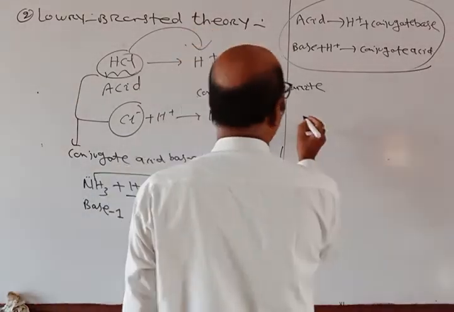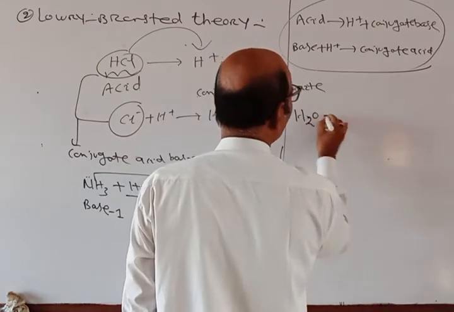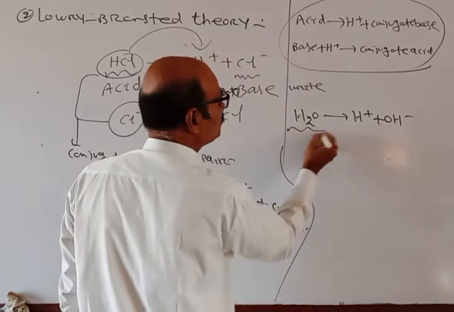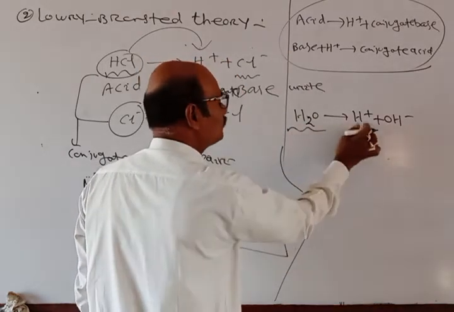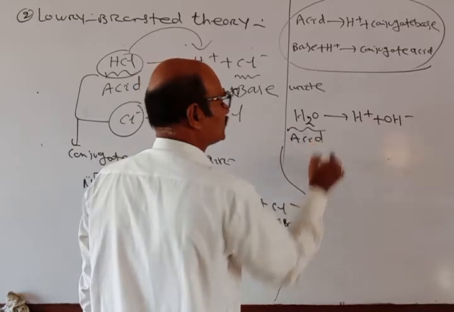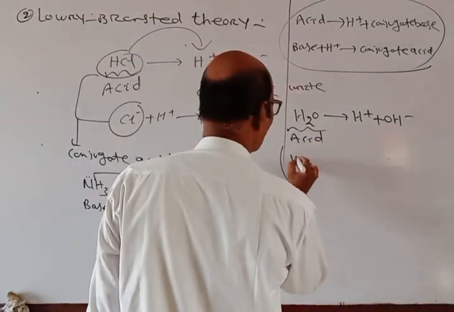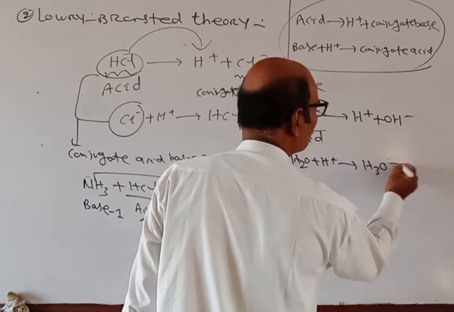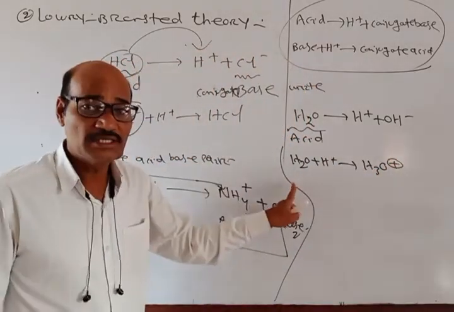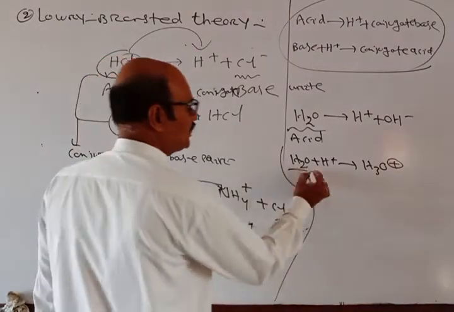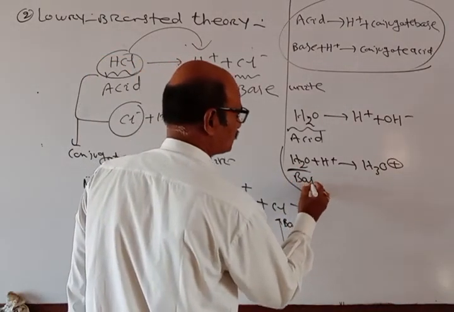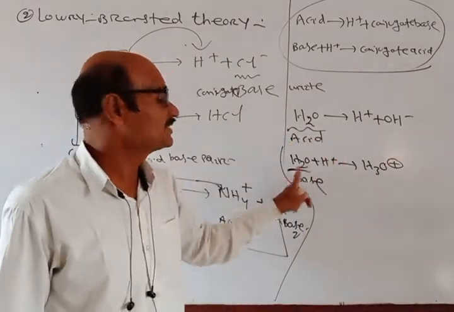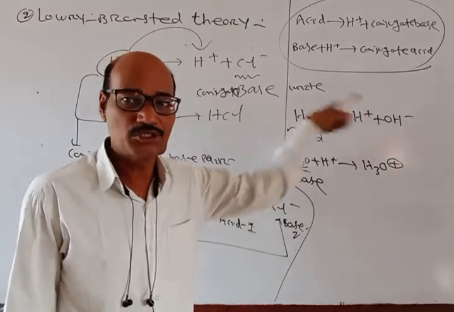For example, H2O can give H plus and OH minus. Here H2O can donate a proton, so it is an acid. Similarly, H2O plus H plus gives H3O plus. Here H2O accepts the proton, so it's a base. So H2O can donate a proton and also accept a proton, so it has an amphoteric nature.